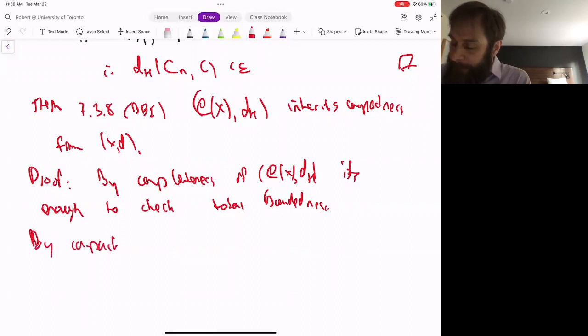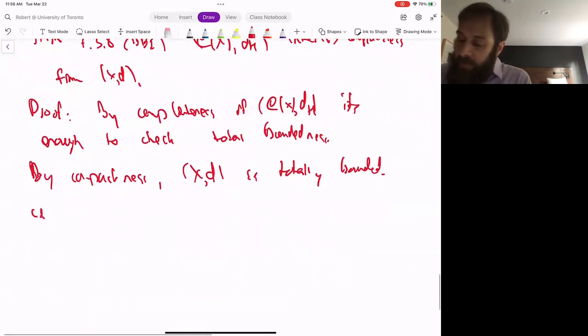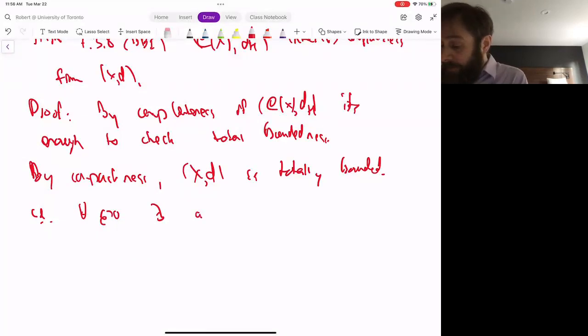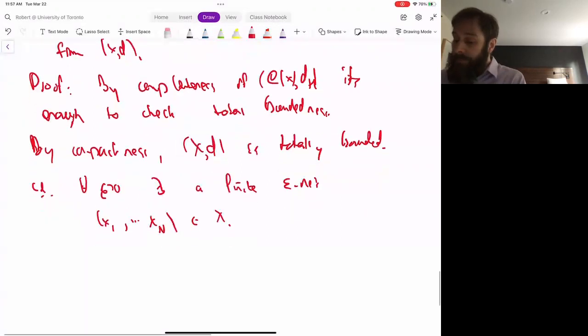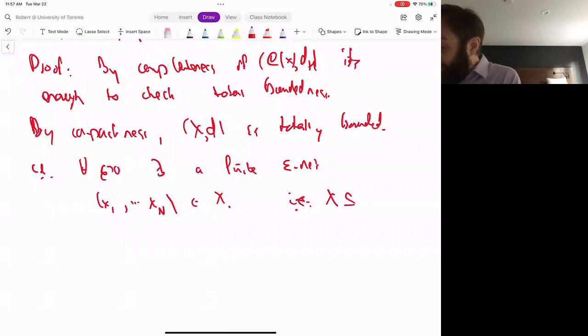By compactness of X, that means that for every positive r or epsilon, whatever, there exists a finite epsilon net x1 to xn in X. And so what I'd like to do is construct from this, now that I know there's this epsilon net, i.e. X is contained in the union of the balls of radius epsilon around the xi.